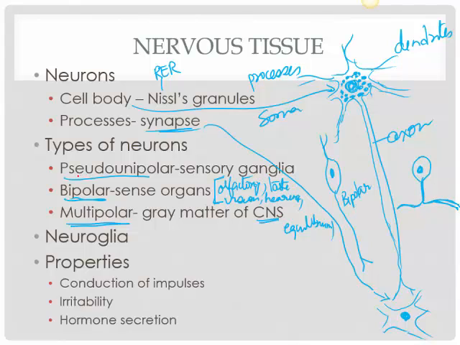So it's not truly unipolar, because it splits immediately into two parts. This is seen in sensory ganglia. For now you can just remember it as sensory ganglia, because when we do the nervous system we'll talk about it in more detail.